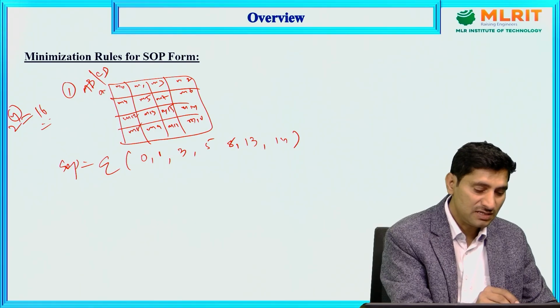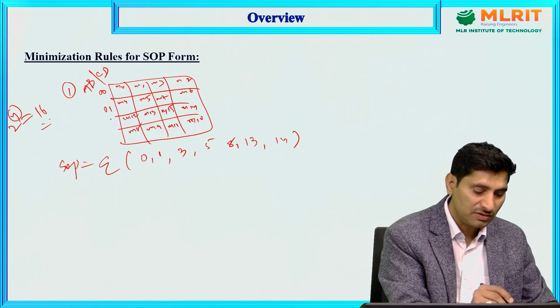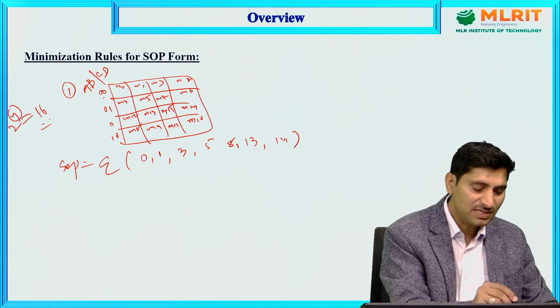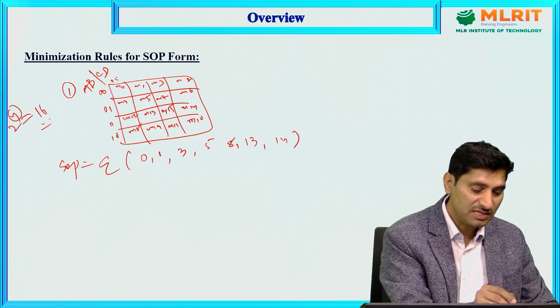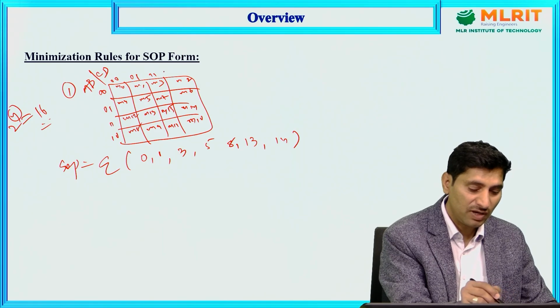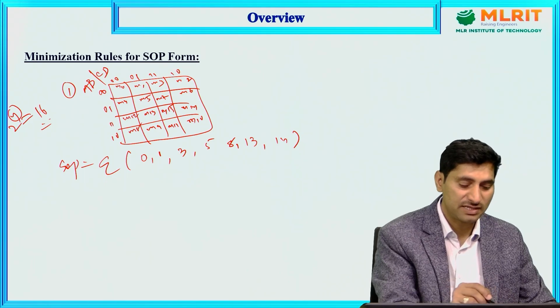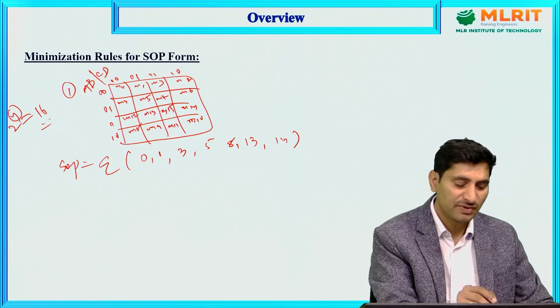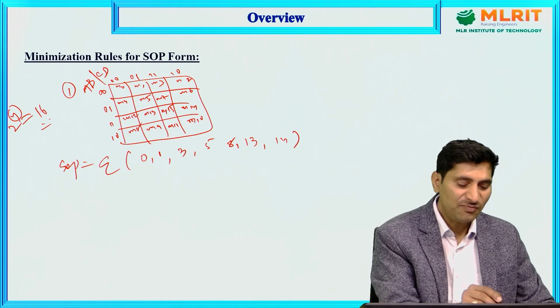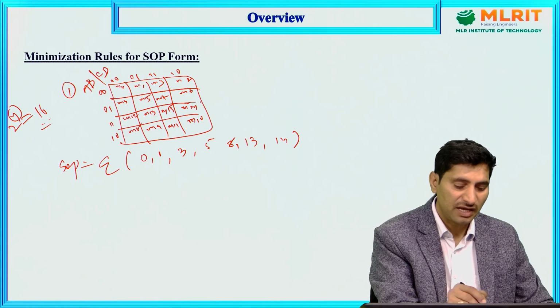Let us say this is 0, 0, 0, 1, 1, 1, 1, 0. We have seen this K-map representation in previous sessions, 0, 0, 0, 1, 1, 1, 1, 0. How to represent the cells we have seen. So as per this, I have represented M0 to M15 terms, the 16 cells.